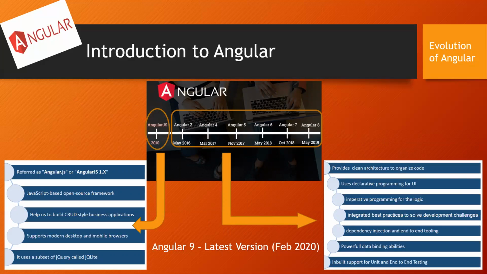Imperative programming for the logic means that here you give steps one by one, what will be the next step for this logic, followed by the next step. It indicates best practices of the JavaScript framework. It has support for end-to-end testing and dependency injection. It has powerful data binding abilities and has inbuilt support for unit and end-to-end testing.